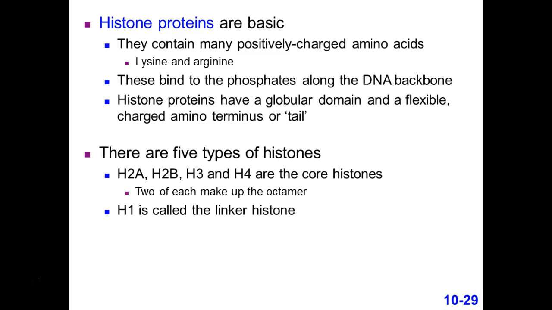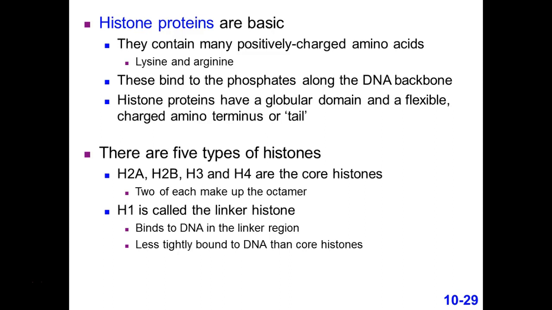Shame on me. This one doesn't bind as tightly as those core histones that make up the nucleosome. They believe it may help with compacting the nucleosomes on top of each other.